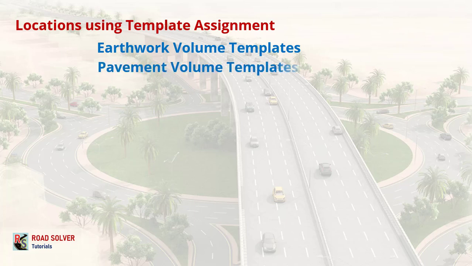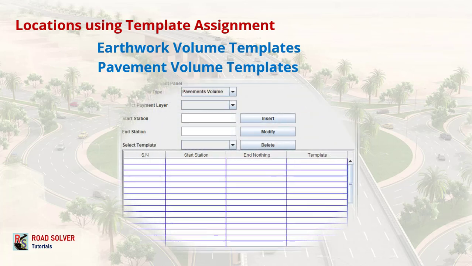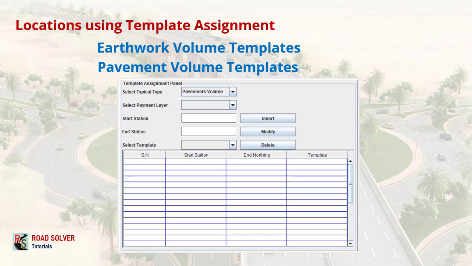There is another one, which is the pavement volume template also. We are going to assign it for the calculations. So this is a panel which appears in Road Solver. The first step is to select the typical type and typical layer. Then after that you have to enter the start station and end station.